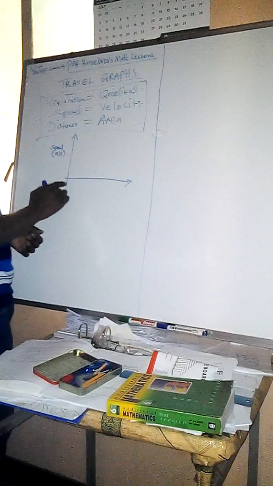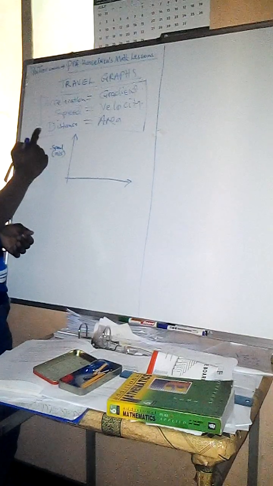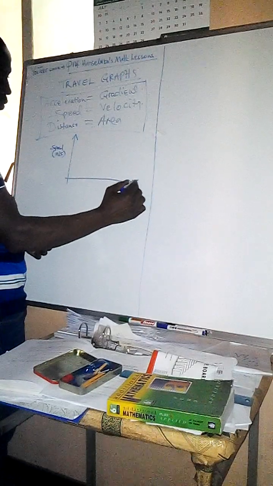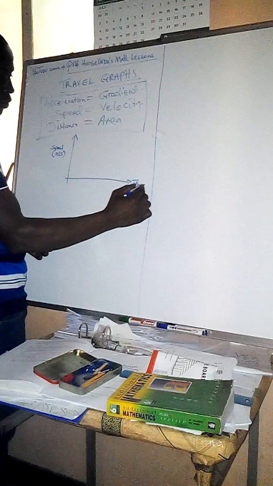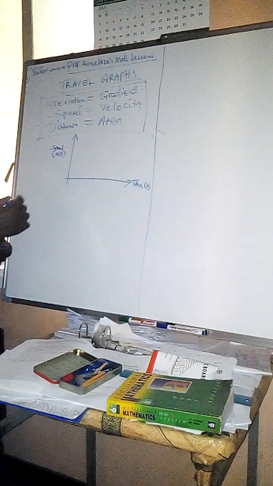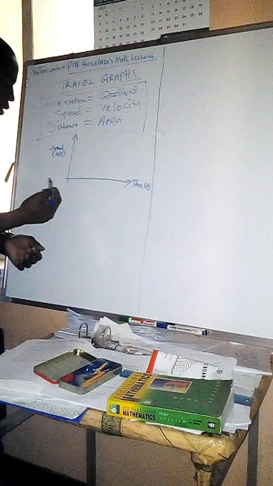And this is the y-axis, having the speed in meters per second. And here, this horizontal axis represents time in seconds. So you may have, for example, a ball is kicked.